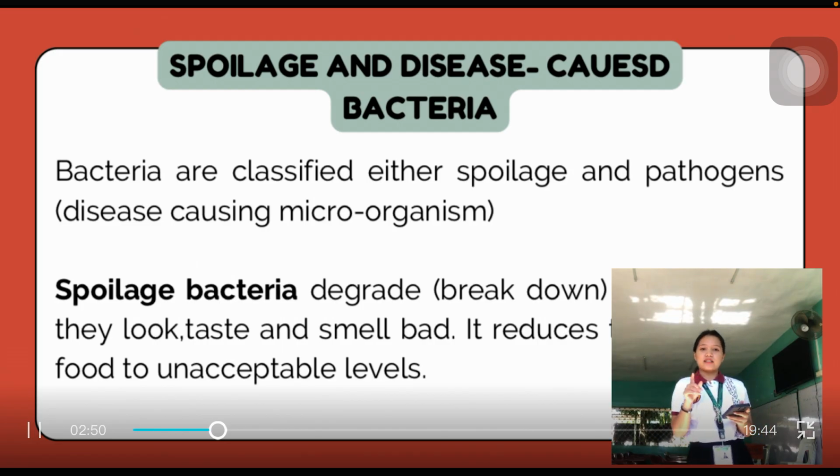So bacteria are classified in two, which are spoilage and pathogens. Spoilage bacteria make the food break down and make the food look, taste, and smell so bad that it reduces the quality and is not acceptable anymore.